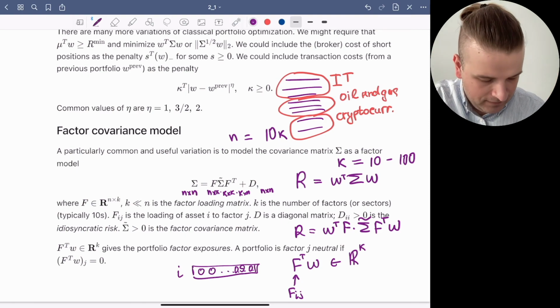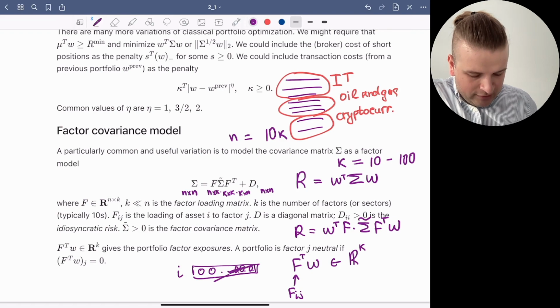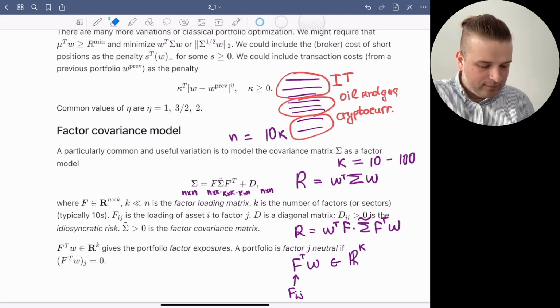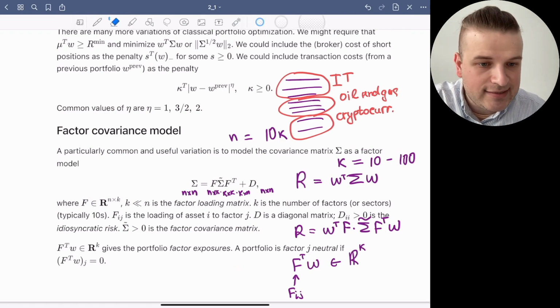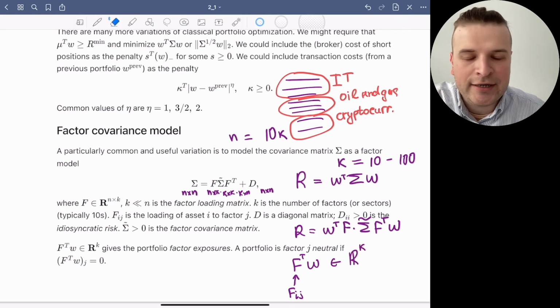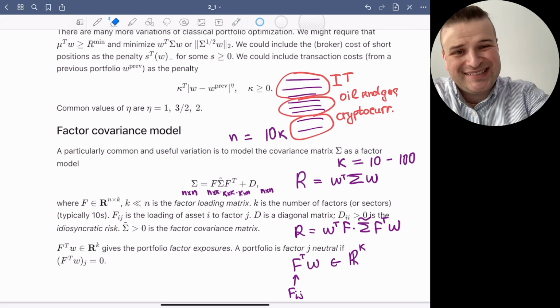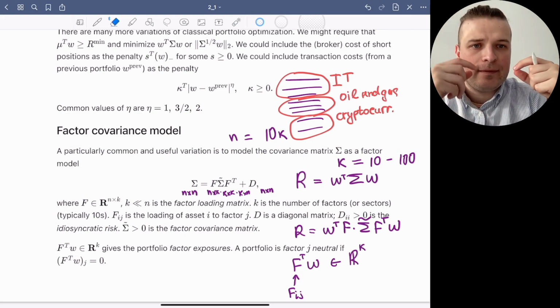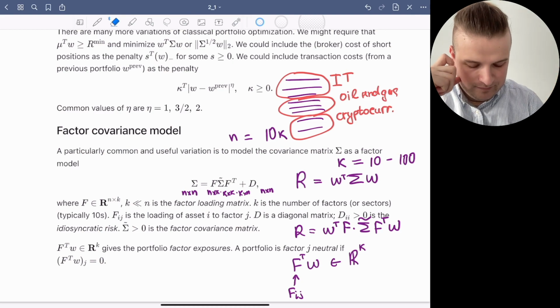It doesn't matter. So you construct this matrix F, and in this case you have to carry out fewer calculations than before, because you just downscale the total dimension of your problem.